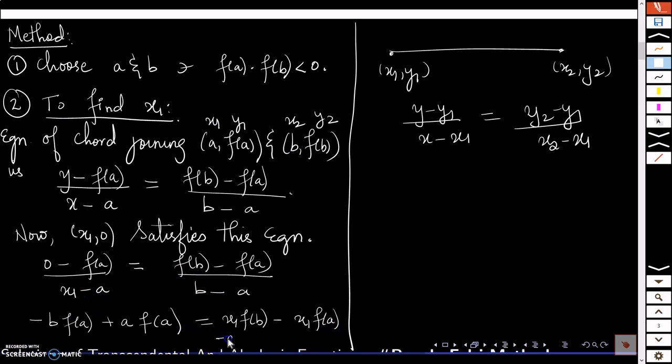So I will get minus a into f of b plus a into f of a, right? Now if you see a into f of a, that is there on both the sides. So I can cancel that off easily, right? So what will I get at the end of this step? I will just erase this part.